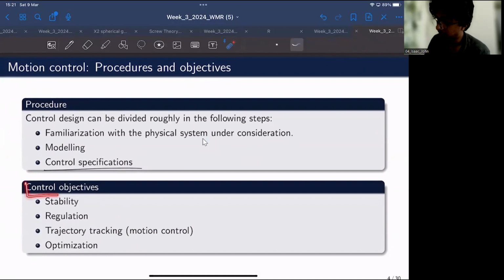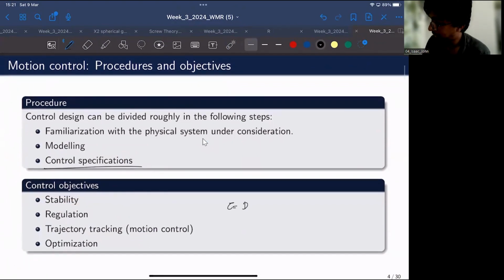And the objectives of the controller comprise stability. The first and foremost priority for designing a controller would be the stability of the controller. For example, if you consider the dynamic equations of motion for a mobile robot, that would be D of zeta, zeta dot plus N of zeta.